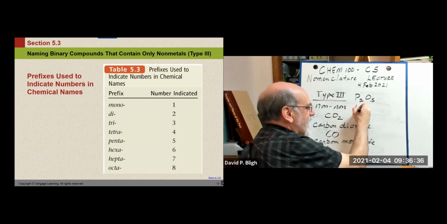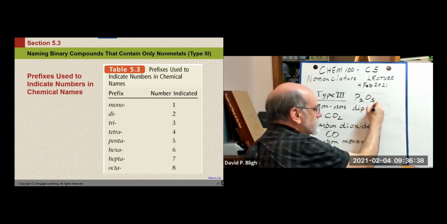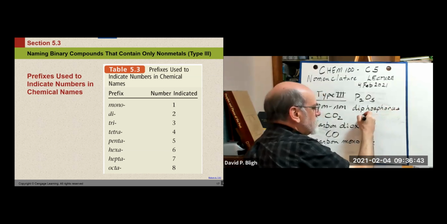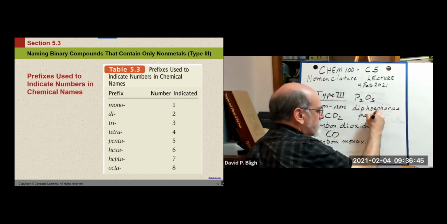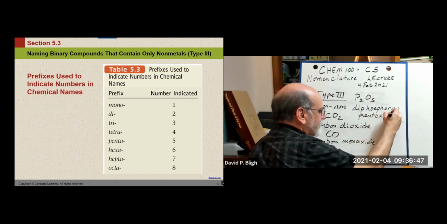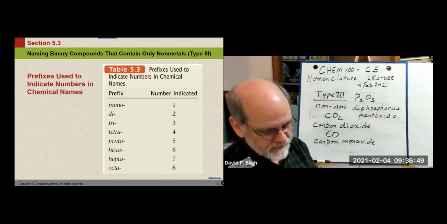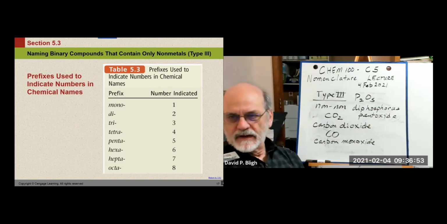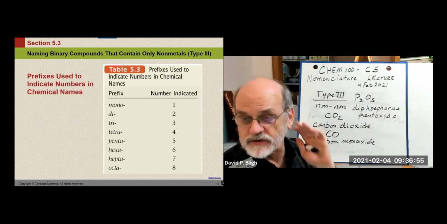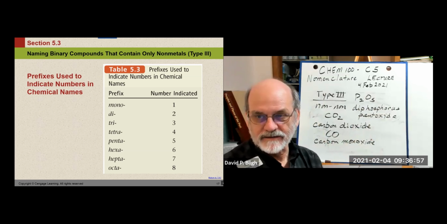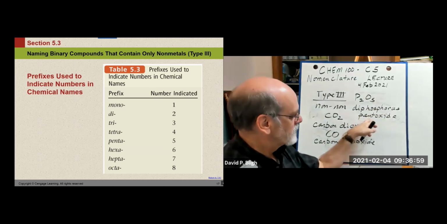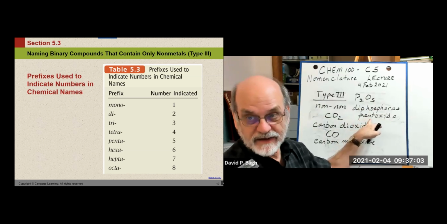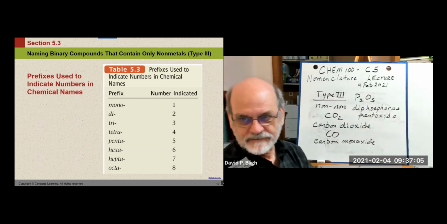So we say diphosphorus pentoxide. Notice we don't say pentaoxide either. Chemists have ears, and if it doesn't sound right, then we make allowances. So you drop the A and just add pentoxide. Sounds better.